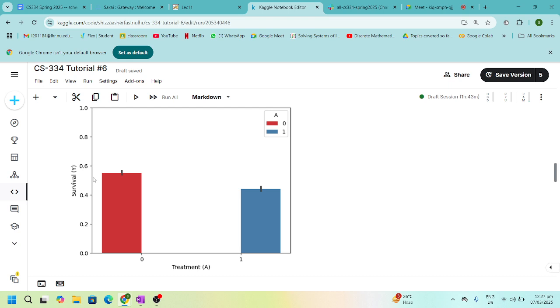This number tells me the percentage of people in group 0 that survived. Similarly, my blue bar ends roughly at 50%, which tells me the percentage of people that were administered the treatment and survived. Are there any questions as far as this graph is concerned or up until now?